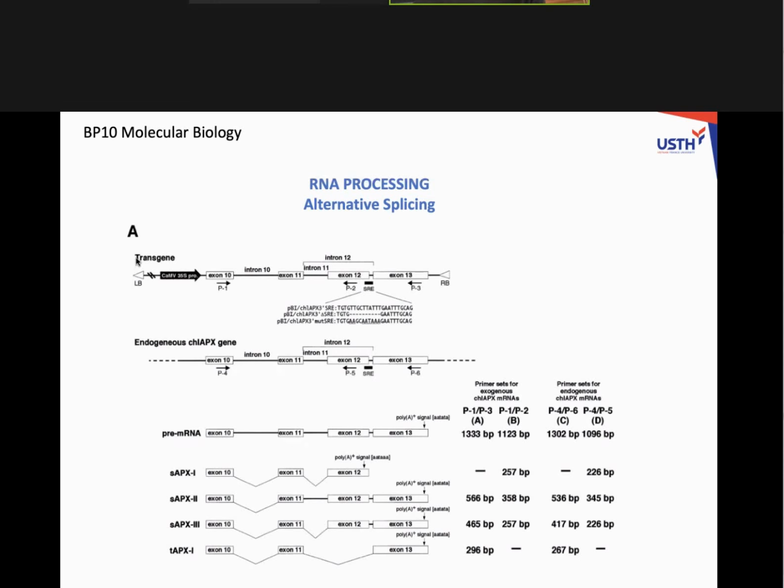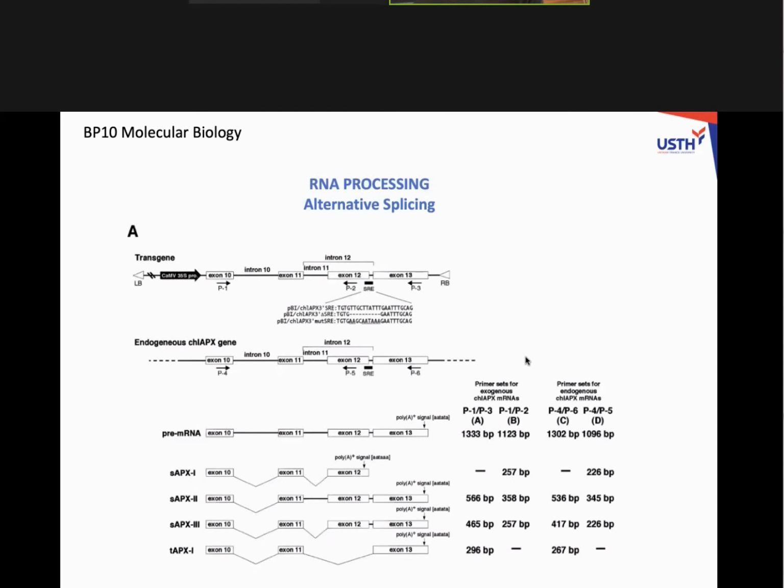I'm not going to explain everything, because they used a transgenic approach in order to prove the alternative splicing. In part A of the figure, you see the construct of the transgene, but I want us to look at the part of the endogenous chloroplastic ascorbate peroxidase.